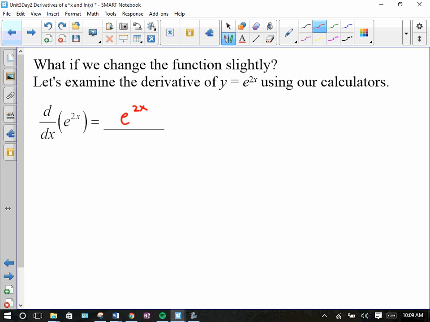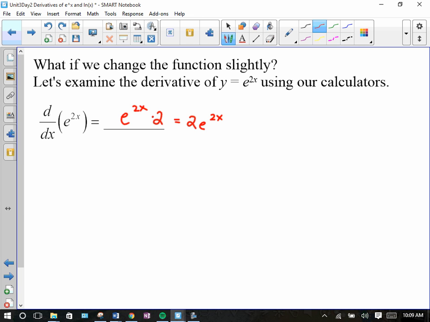Not so, because this has the chain rule. The derivative would be e to the 2x times the chain rule part. What's the derivative of 2x? 2. So the derivative of e to the 2x is 2e to the 2x.